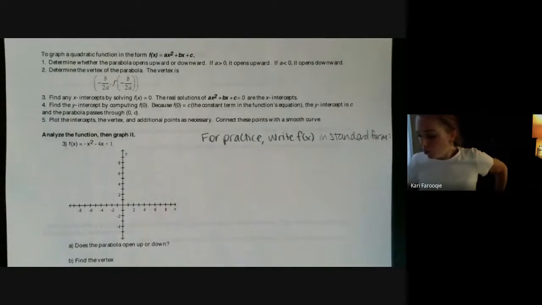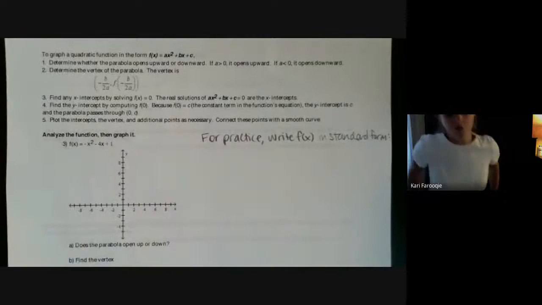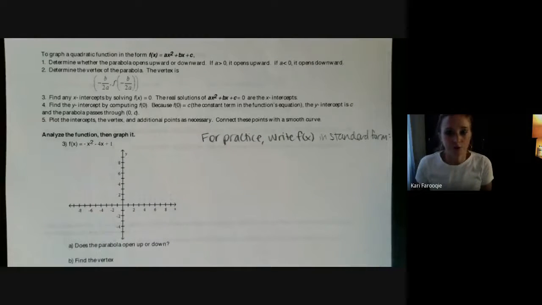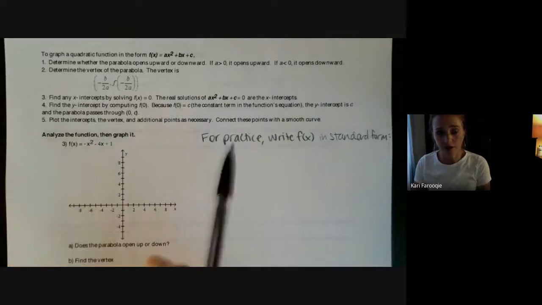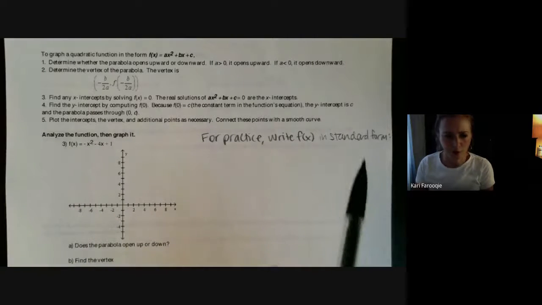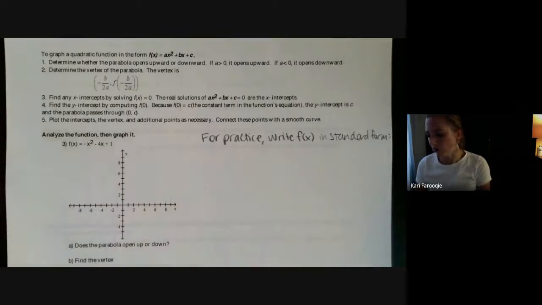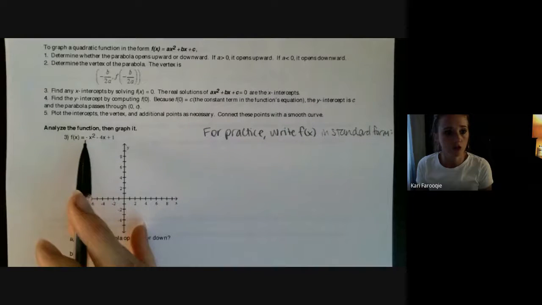Now, I have a note here because I don't want to forget to do it. For practice, we are going to write it in standard form, but I do want to use these instructions. So we're going to graph it using this set of instructions, and then for extra practice, for good measure, I want us to go ahead and write the standard form equation because it's a little bit of a different process since this function starts with a negative.